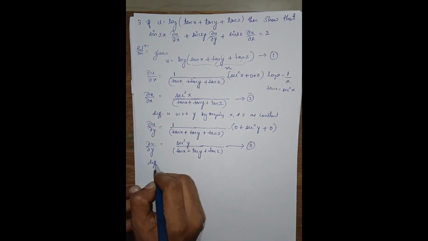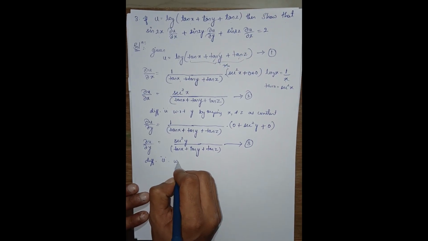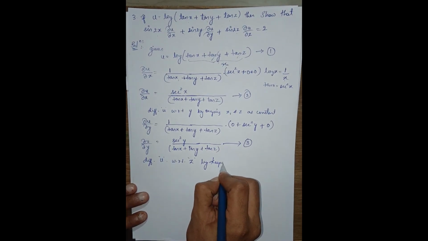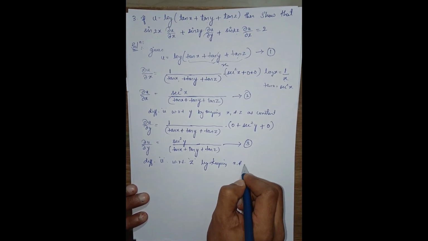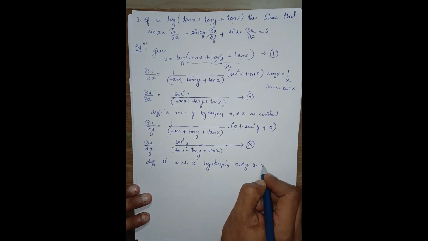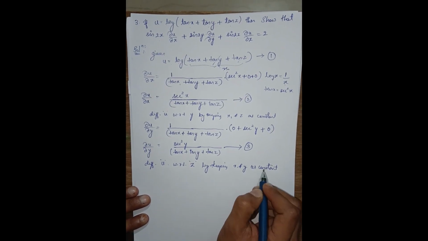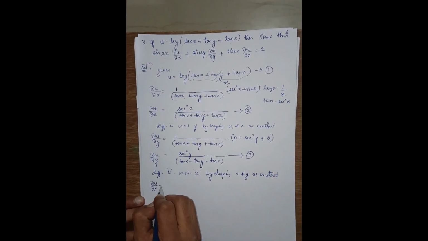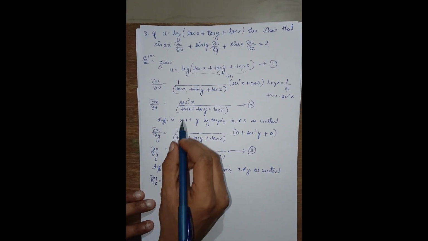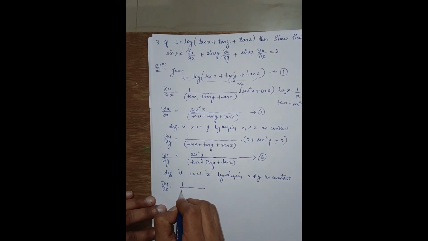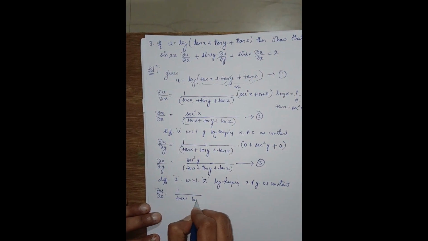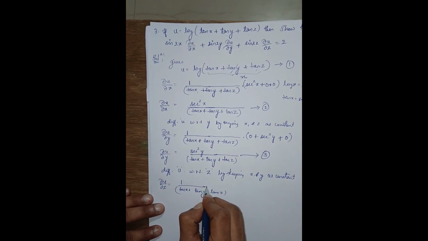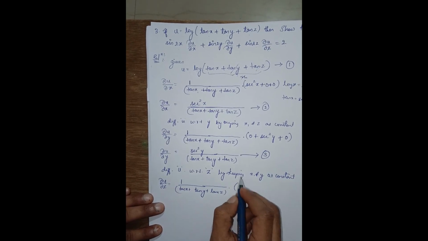Now again differentiate u with respect to z, keeping x and y as constant. Here ∂u/∂z is equal to, same, log x means 1 by x, that is 1 by tan x plus tan y plus tan z, into the internal differentiation.